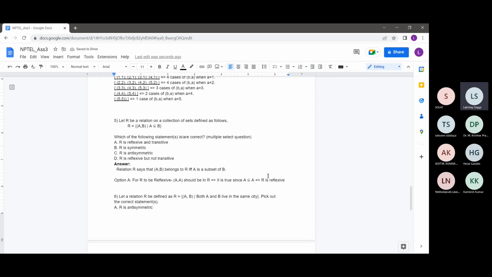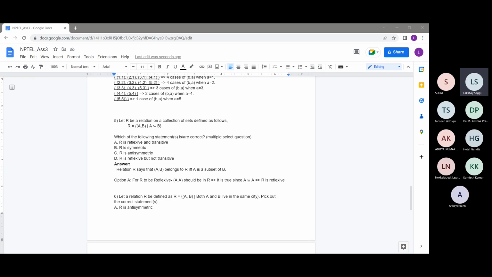Is it clear to you guys? You can raise a question in chat if you have any doubts or this does not make sense to you. Basically, here the definition of the relation has been changed to being over sets rather than numbers. You might think it's a bit tricky, but it's just the same thing applied to sets.